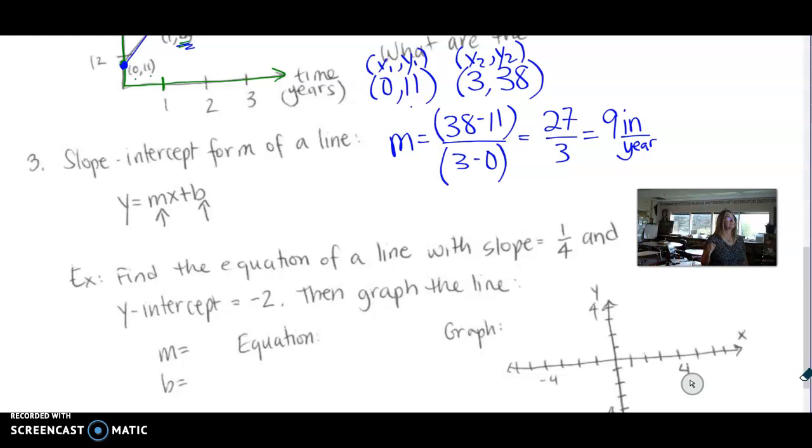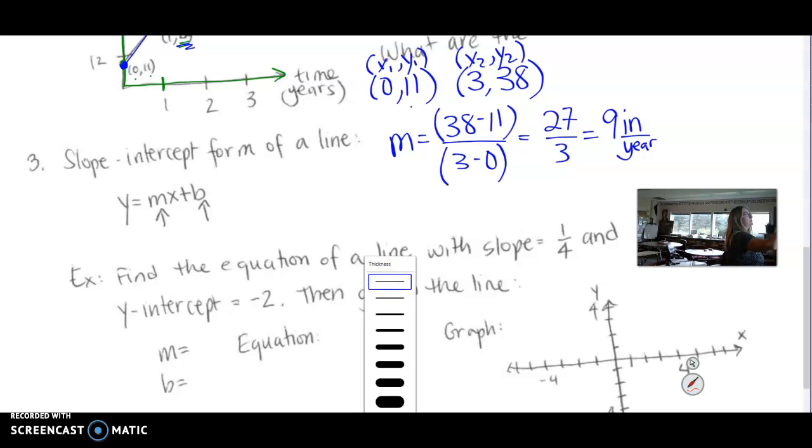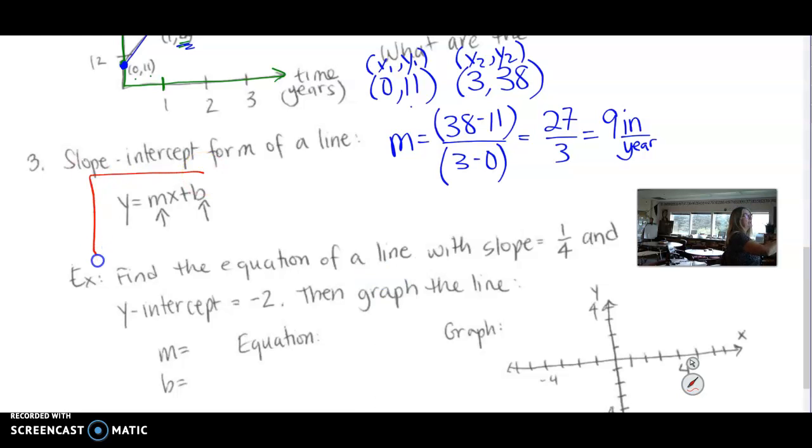The third concept in this lesson is the slope-intercept form of an equation of a line. Hopefully you've heard of this before, but it's y equals mx plus b. x and y are going to be points on the line. If you draw a line, you're going to have an infinite number of points on that line.